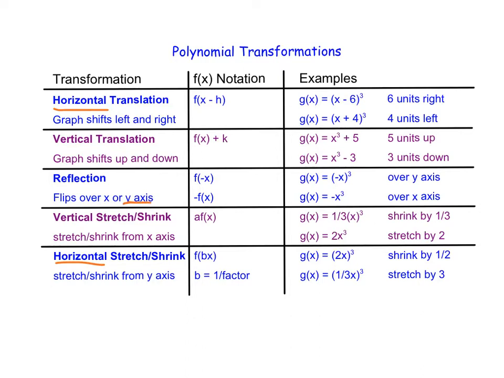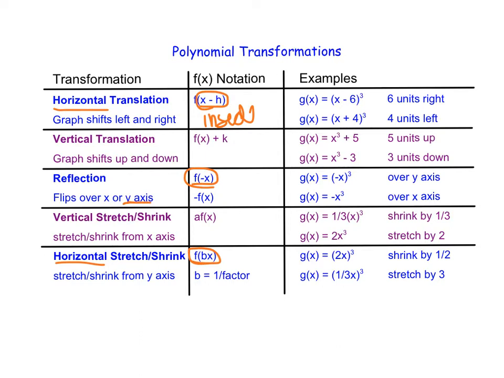For anything that is horizontal, remember that it happens essentially inside a set of parentheses with x. You can see that it's happening inside. So we're going to have to make this change on the inside of a set of parentheses that we add, and then we'll have to make this change to x.